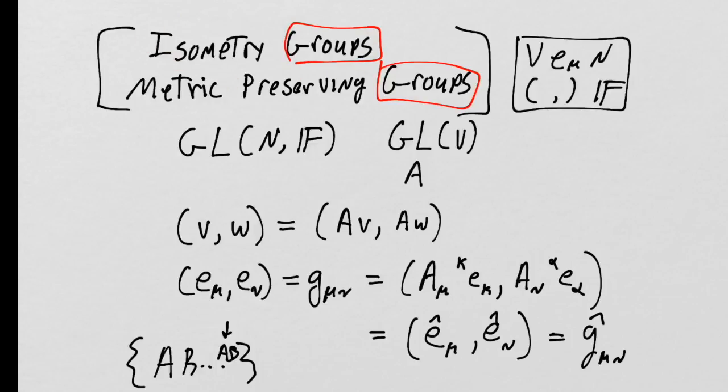So now the problem becomes characterizing metrics. For every different kind of metric we can come up with, we should be able to find an isometry group for it. We can't define isometry groups until we define all the different types of metrics we're interested in. And that's what we'll begin next time.